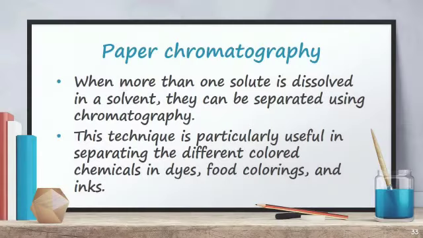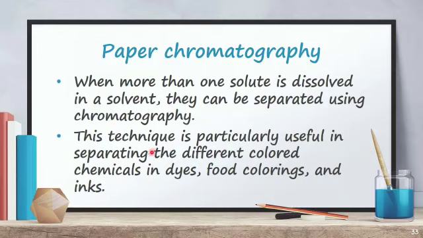So now let's talk about paper chromatography. It's a very common technique that is widely used for the separation of different pigments. When more than one solute is dissolved in a solvent, they can be separated using chromatography. Chromatography works because the dissolved substances, the solutes, have different sized particles, which travel at different speeds across or along filter paper.